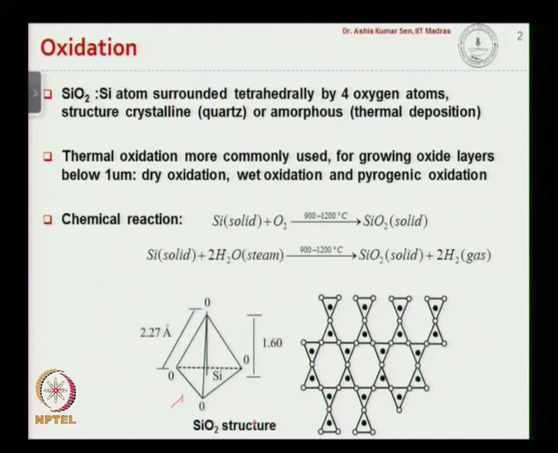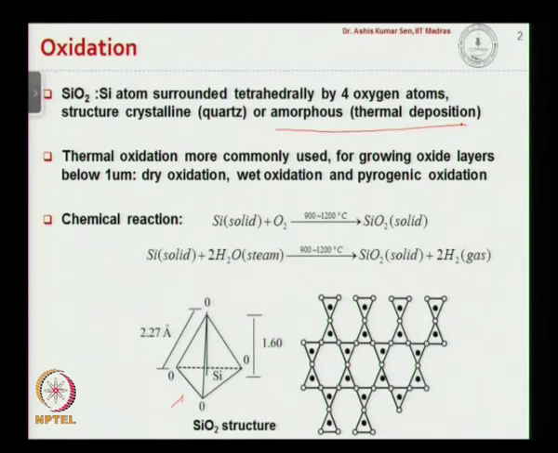One is a crystalline form in the form of quartz, and the other is amorphous, which is the form that we get if we grow oxide using thermal deposition. So thermal oxidation is more commonly used in thermal ovens, so oxidation furnaces.